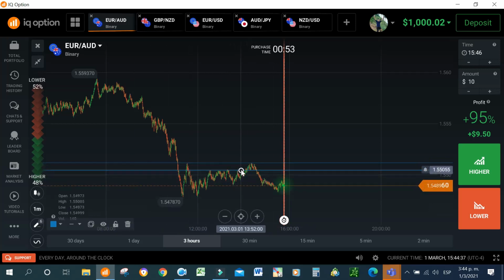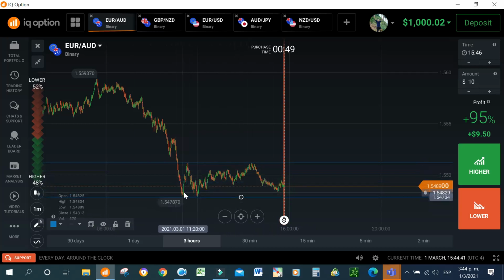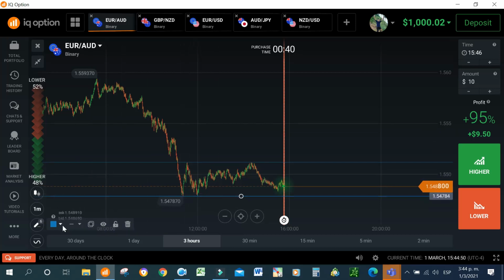Let's clone this level. We have another pivotal level which rejected the price over here, when the price went there. And we also have another resistance level.